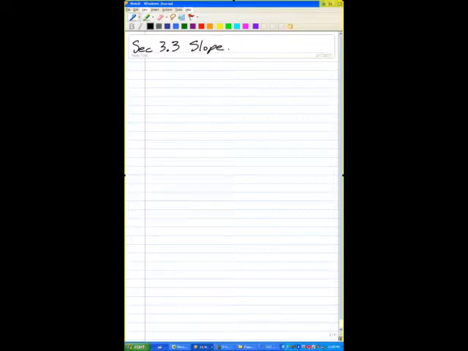Slope of a line. Okay, so let's take a line in the plane, and let's do this relative to some coordinate system.